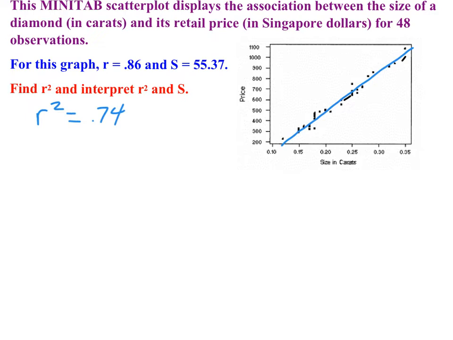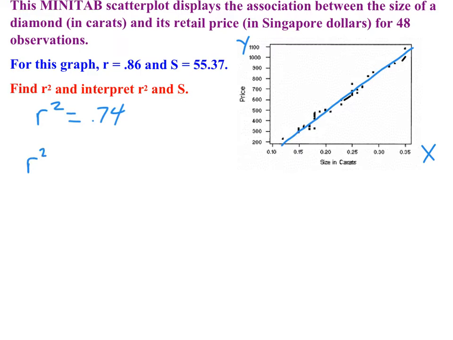So comparing two variables, size of a diamond, measured in carats, and its price. It looks like the two are potentially related. Like there's a strong association. I mean, we look at R and we're like, well, yeah, it's 0.86. So here are those two definitions we just saw.